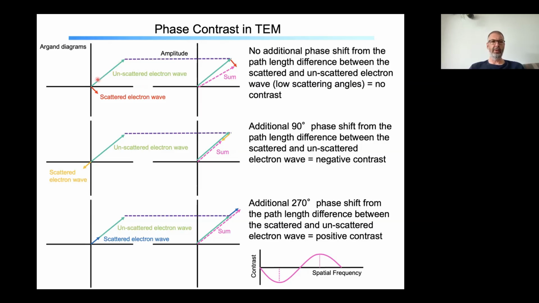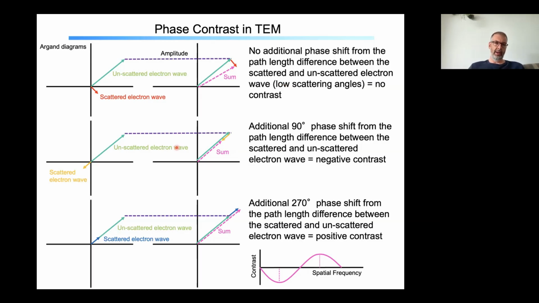We have this induced 90-degree phase shift due to the effect of scattering, but because the path length change is very small because of the low scattering angle, it basically doesn't interfere with our unscattered electron. So the amplitude of the sum is essentially the same as the amplitude of the unscattered. Therefore we don't see any contrast.